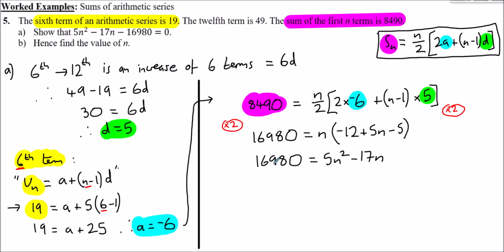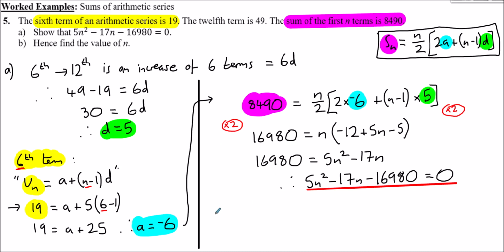Therefore, subtracting 16,980 from both sides, we can see that 5n squared minus 17n minus 16,980 must equal 0. So that's proven what we needed to show all along. So we've done that part.